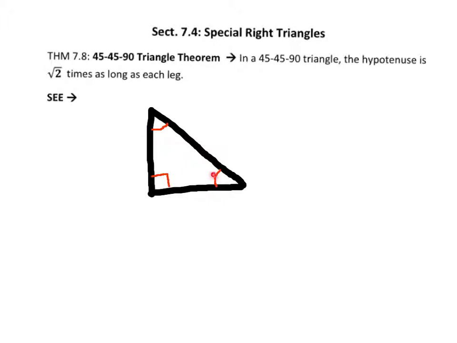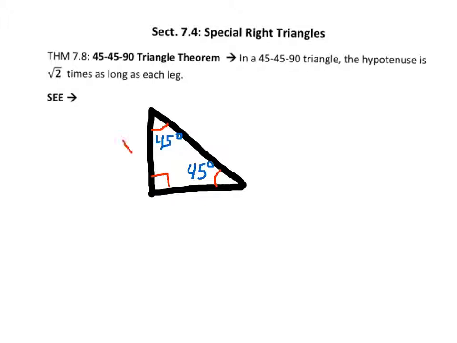Divide by 2, you get 45 degrees for each angle. So let's write that in real quick. We've got 45 degrees here and 45 degrees here.